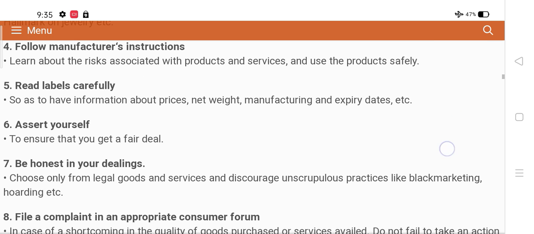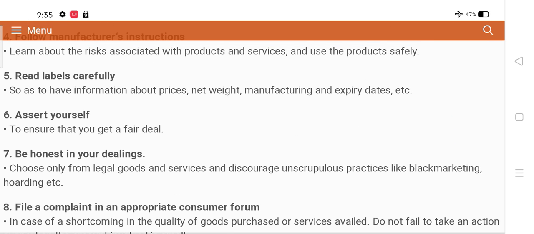Then the fifth is to read labels carefully. It is the responsibility of the consumer to read the labels carefully so as to have information about the product, price, net weight, manufacturing and expiry date.